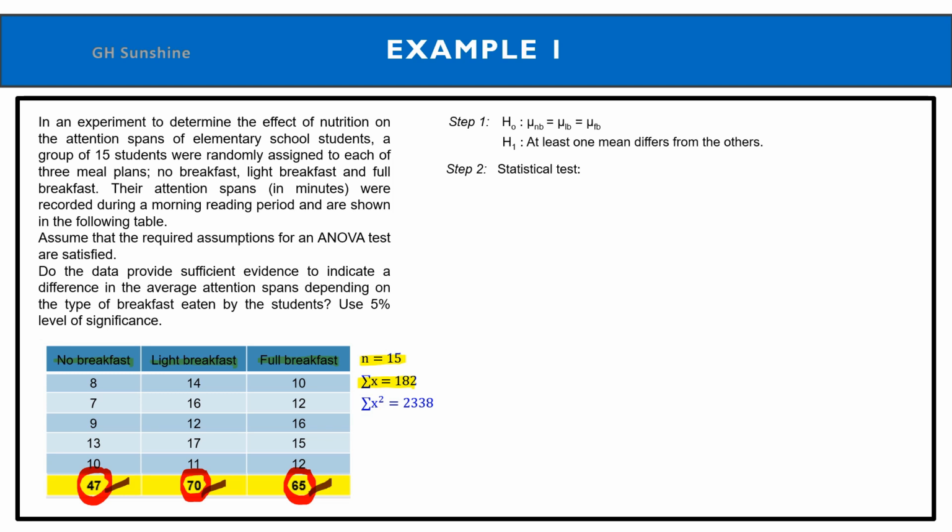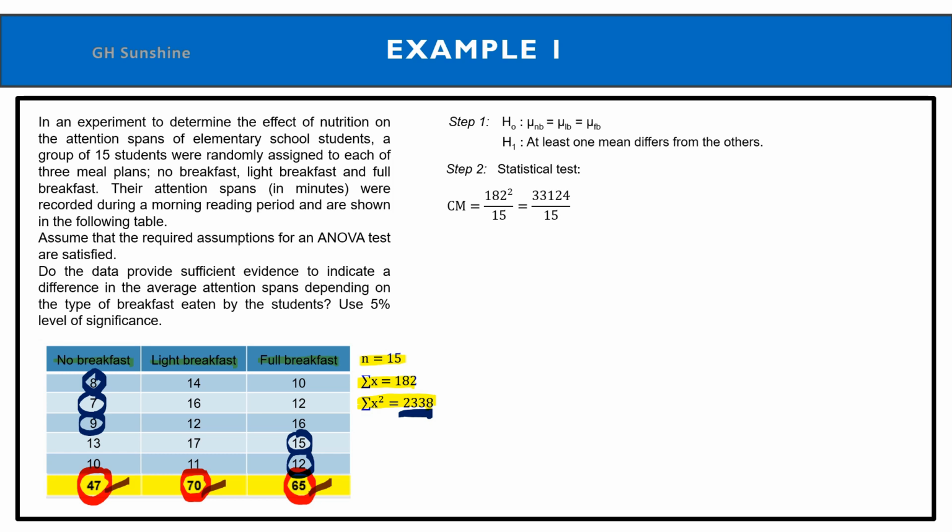Next value here is the sum of xij squared. That means each data point, 8, 7, 9 up to 15, 12, each squared and then added up, which gives 2338. Then we can calculate the correction mean.